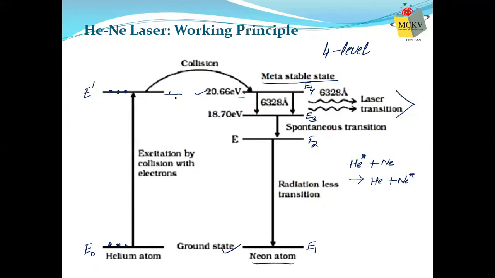Therefore, whenever this type of collision occurs between excited helium and a neon, then neon atoms are excited from ground to E4. So please understand, ultimately neon atoms are excited from E1 to E4.